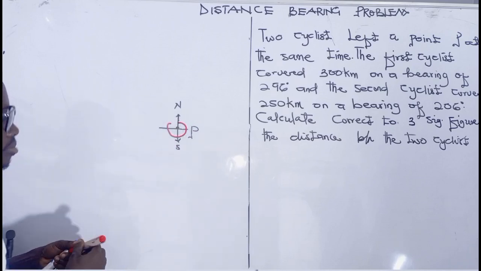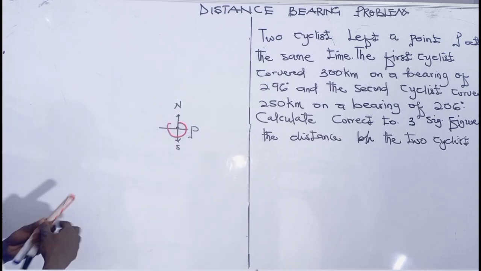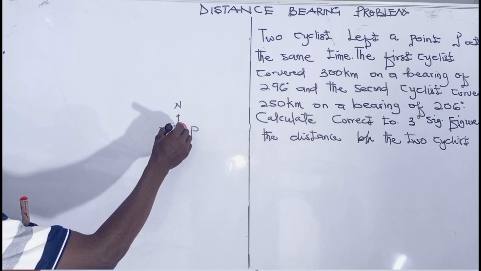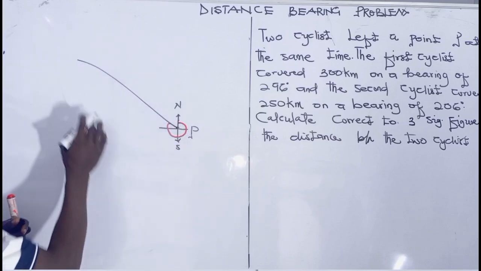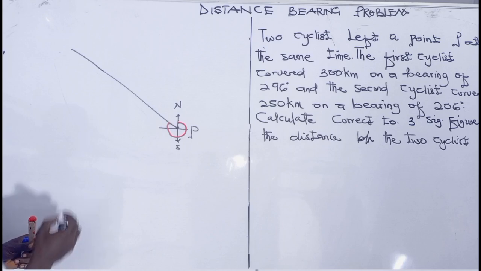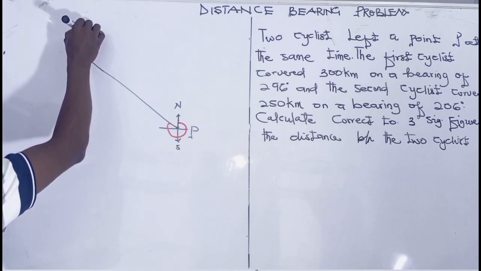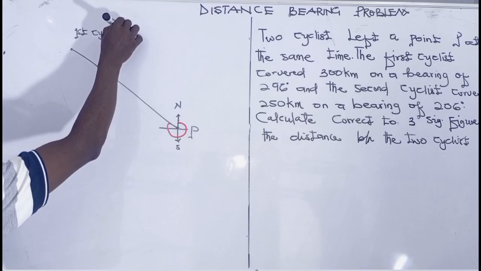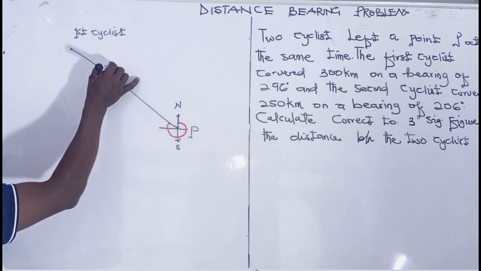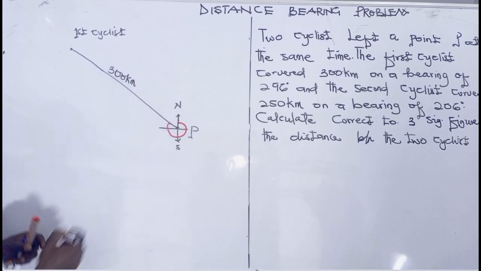Now once you have it, we draw our distance. So we have the first cyclist. So the distance is what? 300 kilometers.